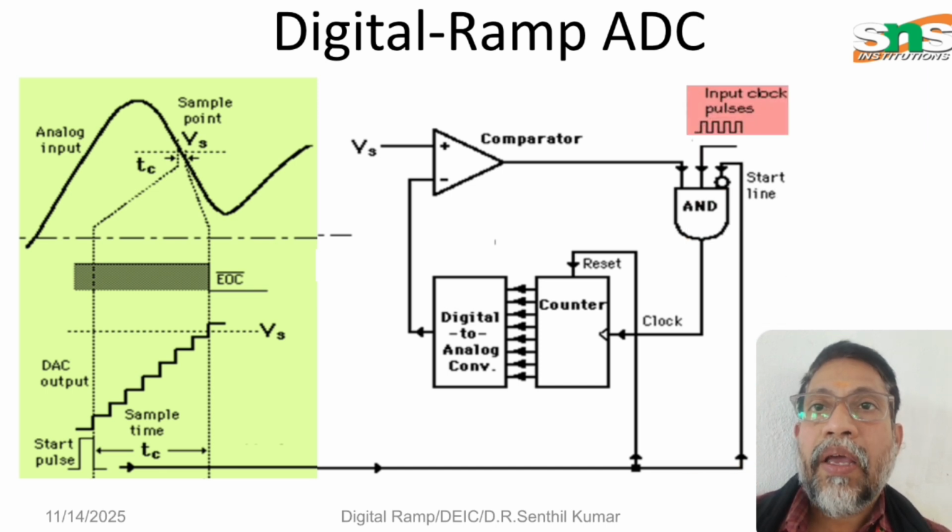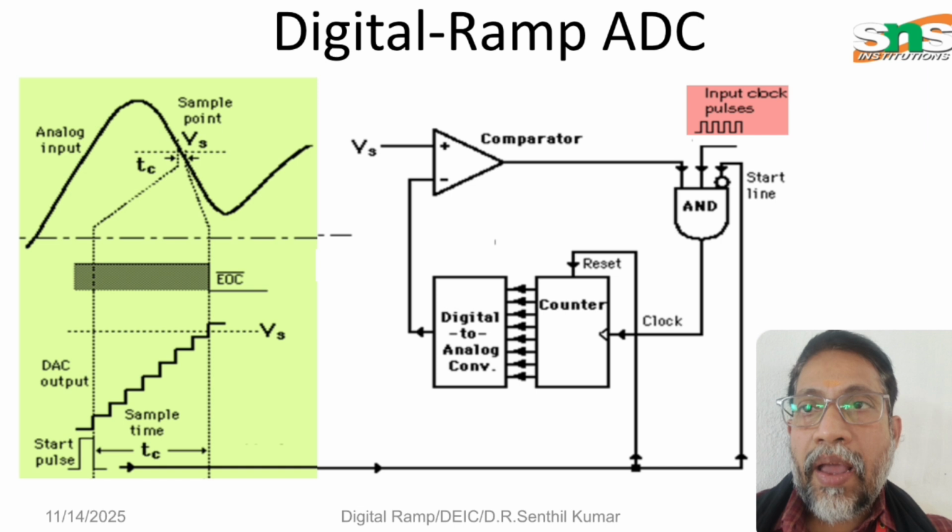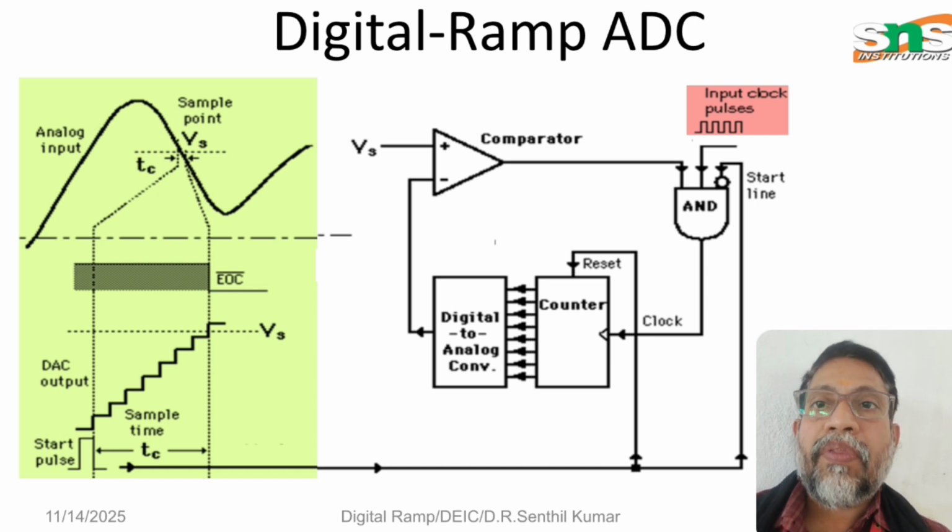The counter output is given to a digital to analog converter, where it is converted again into analog. The sample point and this analog signal are compared with the help of an operational amplifier comparator, shown in the center.